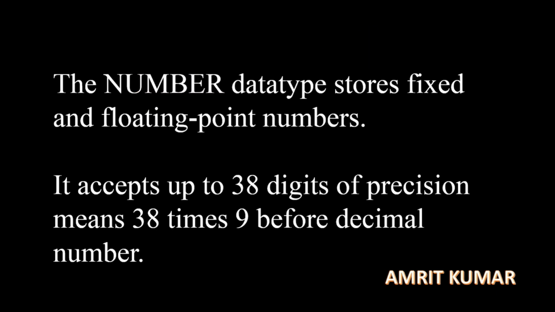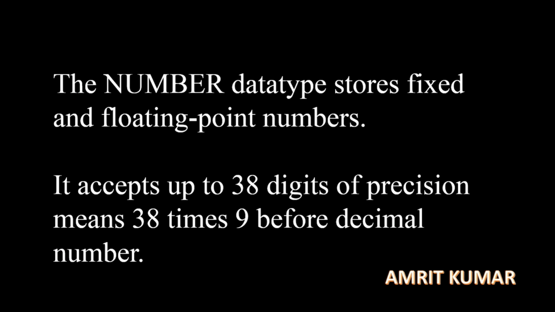Okay, now we are talking about the number data type. In the character data type, we were using strings, alphanumerical characters. Now here, the number data type means it stores fixed and floating point numbers.